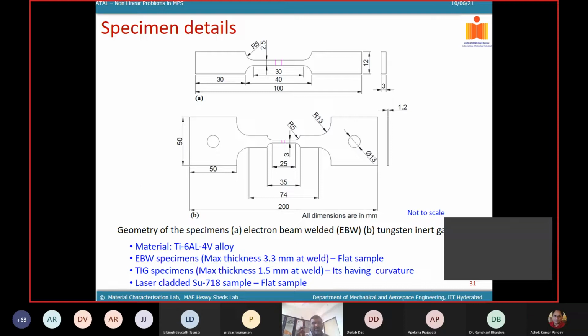This is a thin sample; you can see the thickness is around 1.2 mm, and the above one you can see the thickness is 3 mm. Another study we have also done is on laser cladded nickel superalloy, it is IN718. All of these materials find applications in gas turbines.